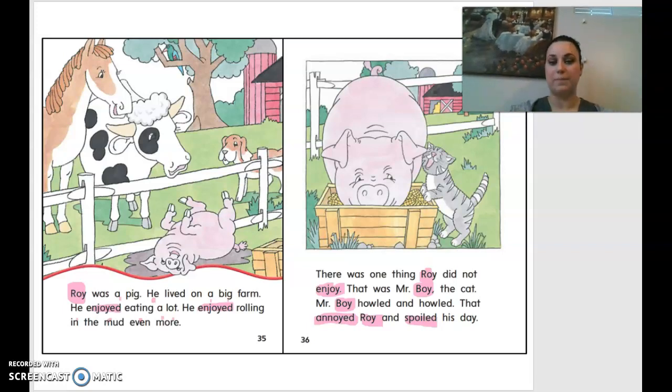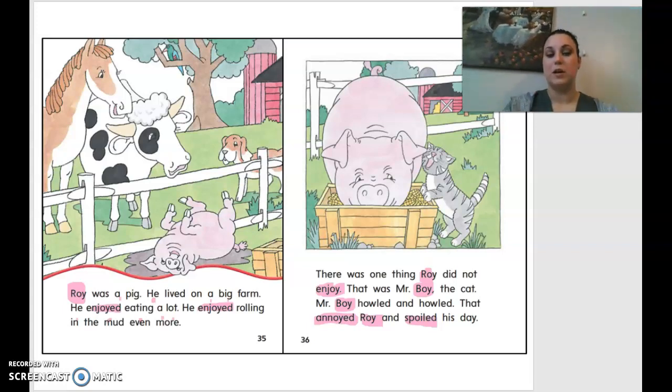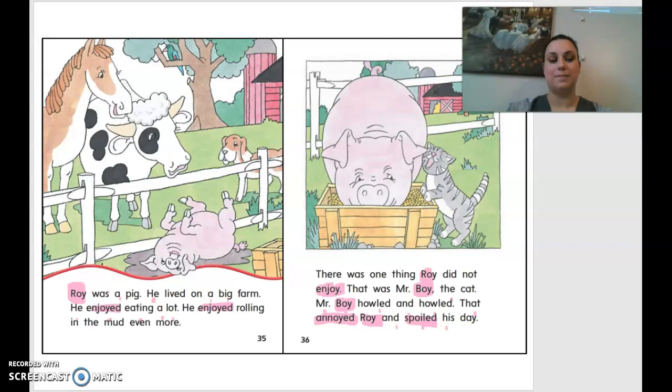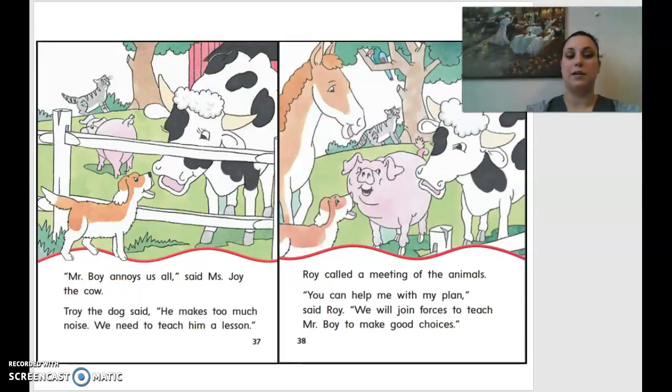I'm going to read. When I stop, you are going to fill in the blank where I stopped. Ready? There was one thing Roy did not enjoy. That was Mr. Boy, the cat. Mr. Boy howled and howled. That annoyed Roy and spoiled his day. All right, read along with me.